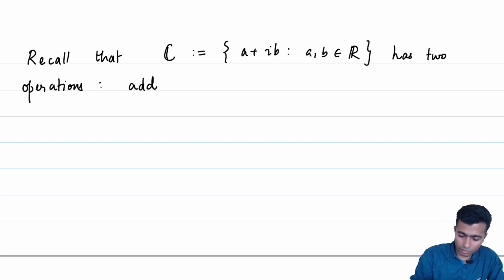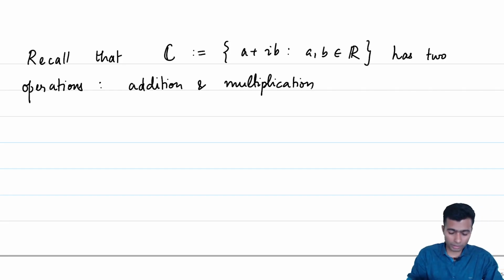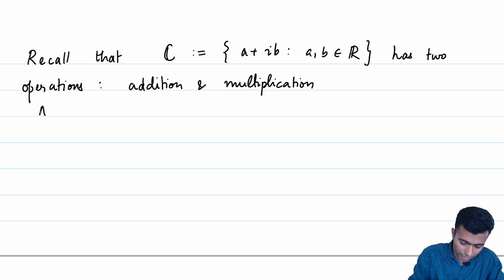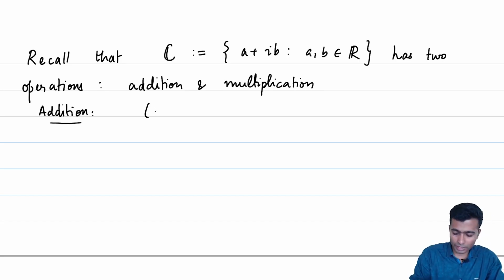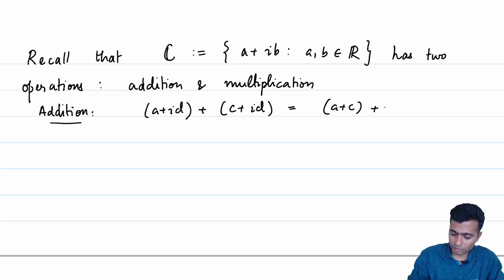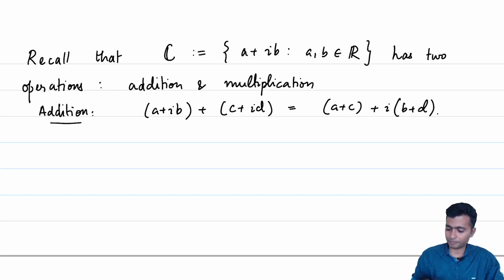How are addition and multiplication of two complex numbers defined? Let's see how addition is defined. If a plus ib is added to c plus id, this is just a plus c plus i times, so this is not d, I'm sorry, this is b, so i times b plus d.